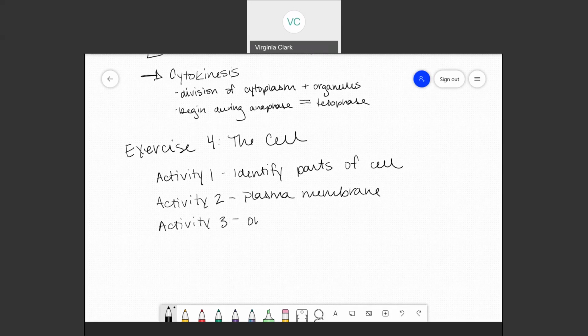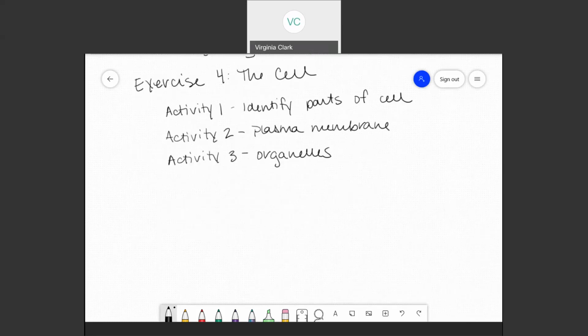With these, you do need to know both the structure, what they look like, and the function. So if you were to see a picture of the actual organelle, then you could tell me what the actual function of that is. So you need to be able to do the structure and the function and find the organelles inside the cell. And then the last thing that we are doing is going to be activity 4.